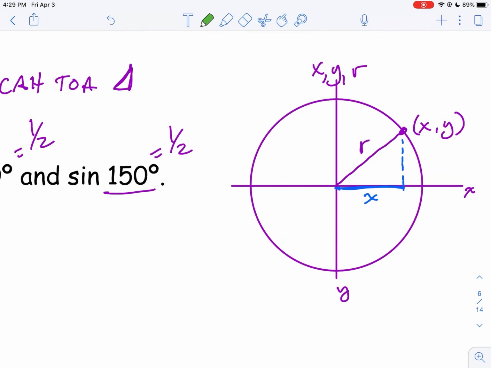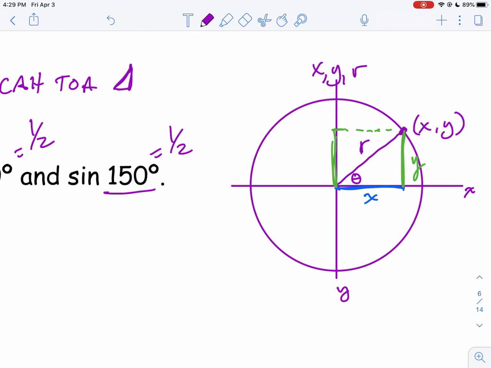And then my y value is this distance, which ends up being the same as this distance. So we can still kind of connect to the triangle to help us think this through.